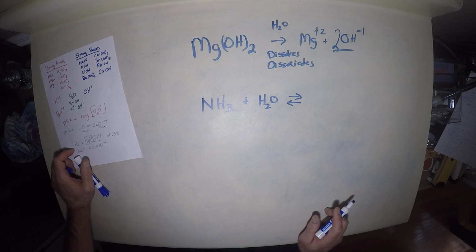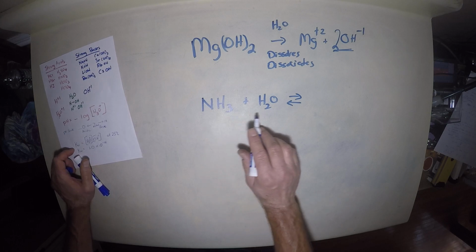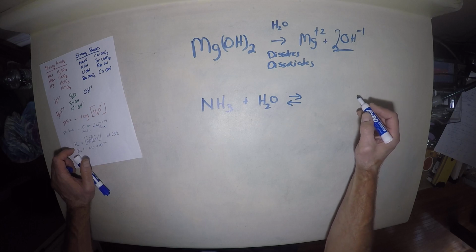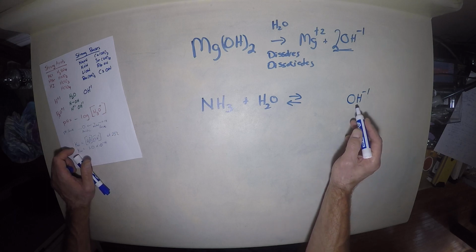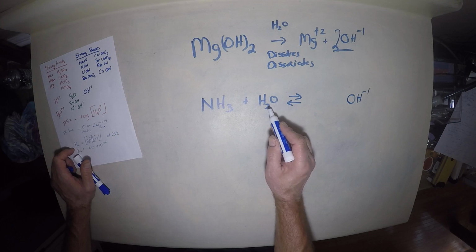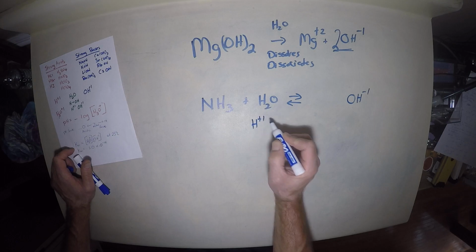And according to Arrhenius, any base with water is going to form hydroxide. And if you look at that, you should be able to pick up on the hydroxide coming from the water as the water loses one of its H's as a proton.